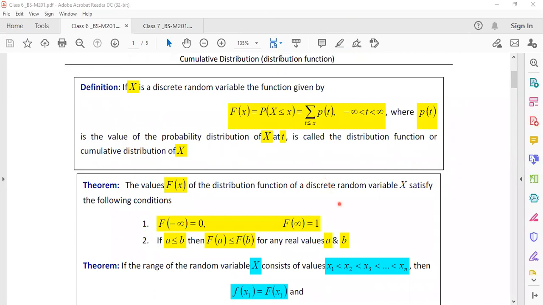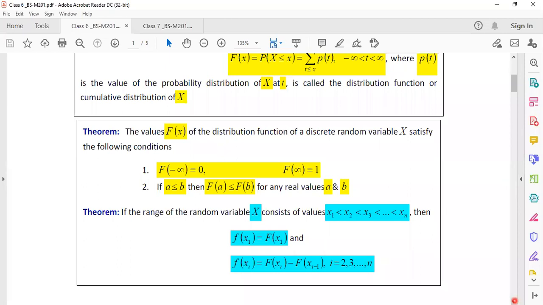But the theorem says that if the distribution function is known for certain points inside the real number system, can we construct the probability distribution? So here, the cumulative distribution is given, and we are going to find the probability distribution. And with the definition, the probability distribution was given, and we were to find the cumulative distribution. And the theorem goes like this.